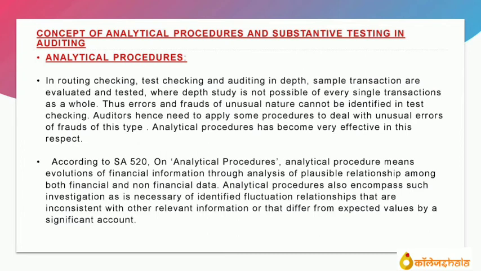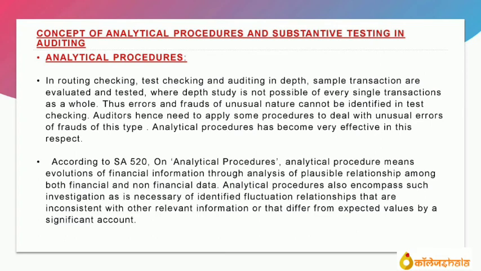Now we are taking a sample of 200 transactions and testing it for the rest 800. But is it really feasible that the nature of the 200 transactions will be exactly similar to the rest 800? It can't always be. So there may be some unusual nature of frauds and errors. It cannot be found out in test checking.